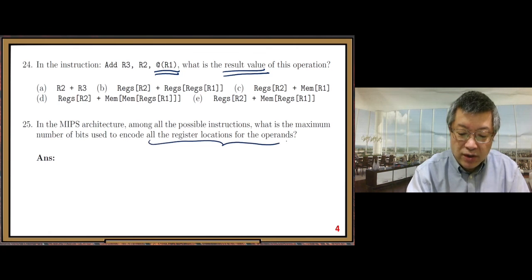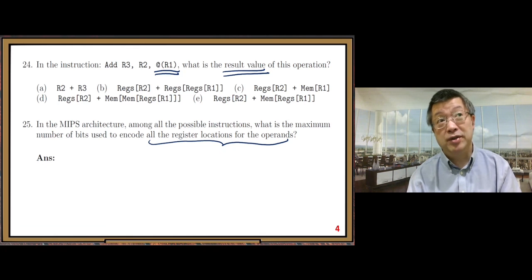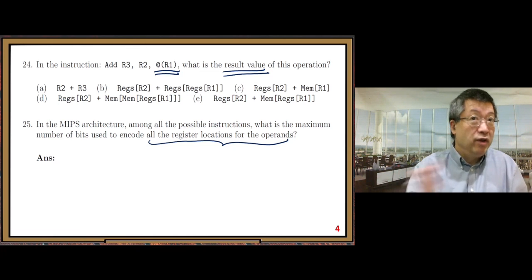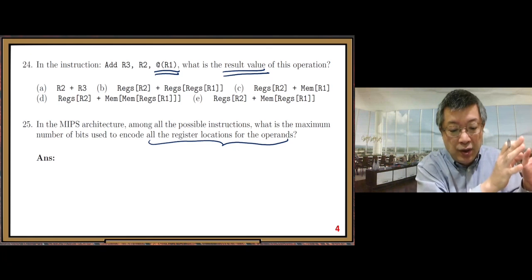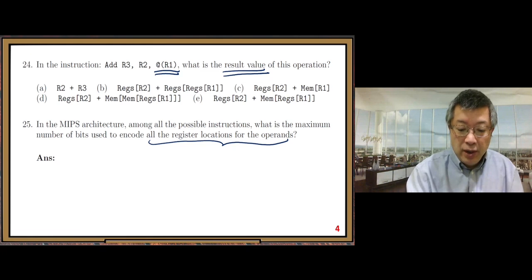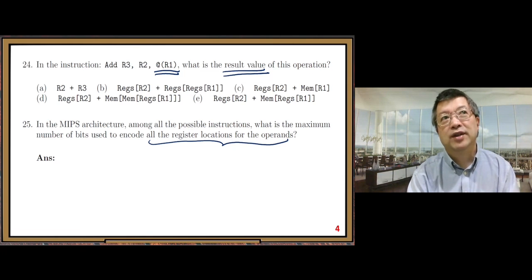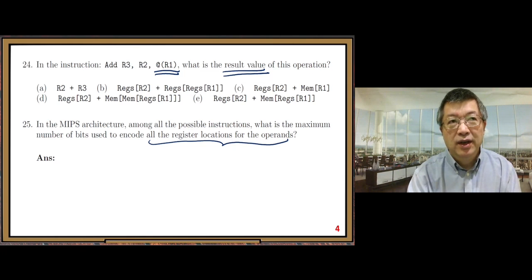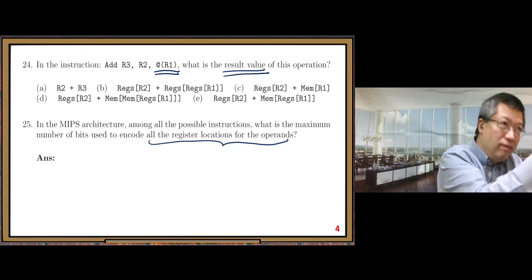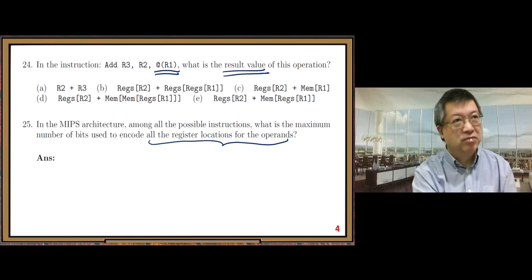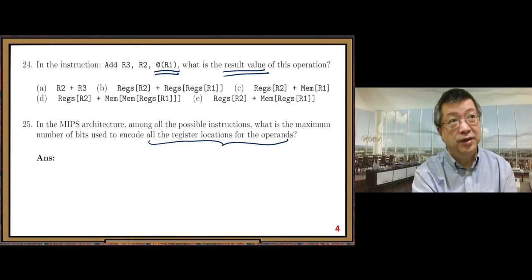Because for different types of instructions, the number of bits used to encode register locations for the operands could be different, right? So you try to find the one with the maximum number of bits. Also pretty easy, you can get it.